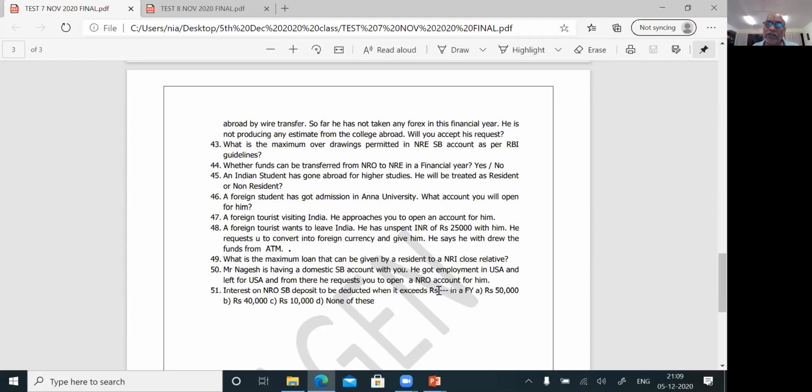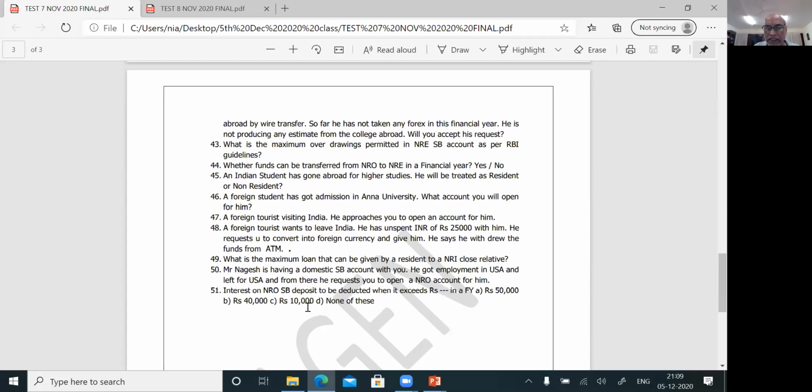Irrespective of the amount of interest, the 50,000, 40,000, etc. limit is applicable only for TDS purpose in domestic deposits. As far as NRO deposits are concerned, for NRO SB, NRO KDR, NRO FDR, even 1 rupee of interest earned is subject to tax.